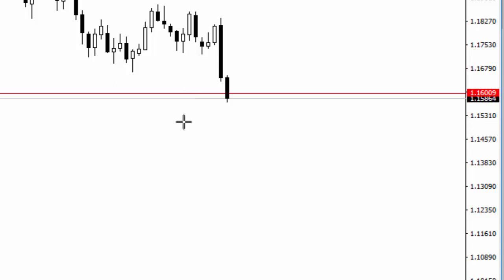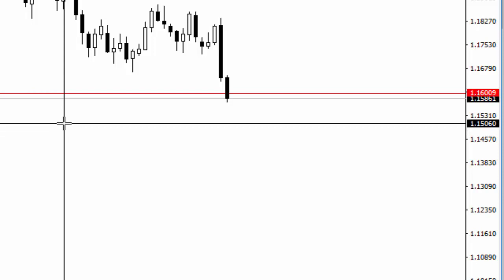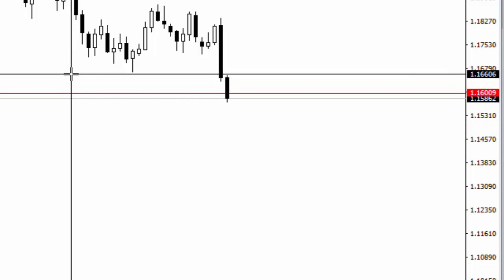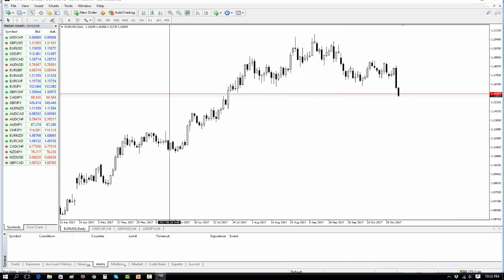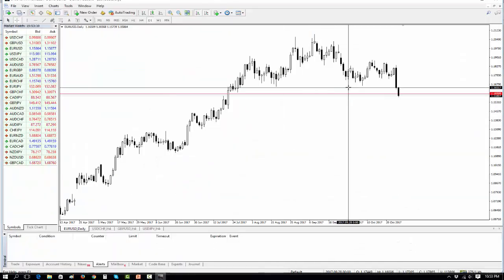There is a possibility for the market to hit the support level and go up from the 1.1500 level for a retracement, and then at the retracement level it will be a resistance level, 1.1634, the support 1.1634 level in this area. So in this way pivot points actually work.